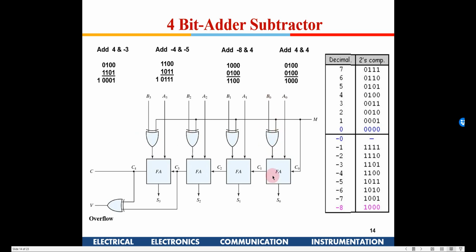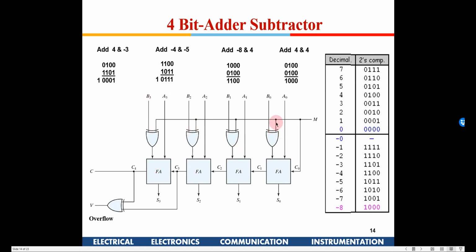It will be B0. If I have 0 here and 0 here, it will give 0; if I have 0 here and 1 here, it will give 1. That means an XOR gate will just be transparent when one of the inputs is 0, so whatever is the other input simply passes through.